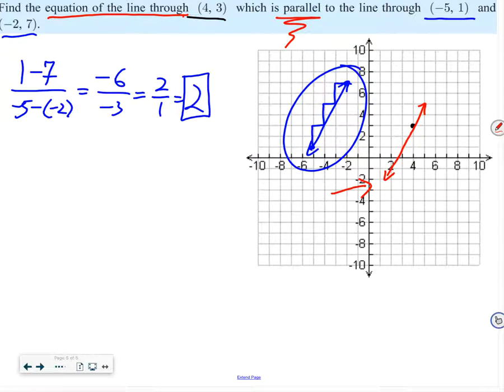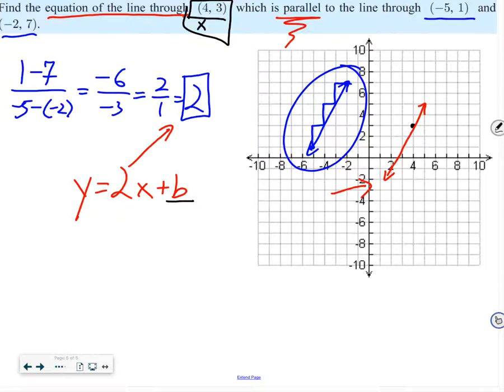So because it's parallel, I know that this red equation needs to be y equals 2x plus b, because it's the same gradient as the other line segment. Because it's parallel, it's the same. Well, now I just need to solve for b. Well, just like before, how do I solve for b? I plug in a value that I know must be satisfying it and solve for b.